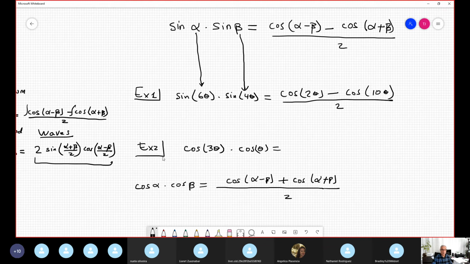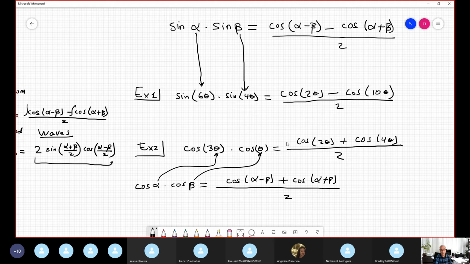In our specific example, alpha is 3 theta and beta is just 1 theta. So it's cosine of the subtraction, 3 minus 1 is 2, plus, because it's plus in the formula, and addition is cosine 3 plus 1 is 4. Okay?